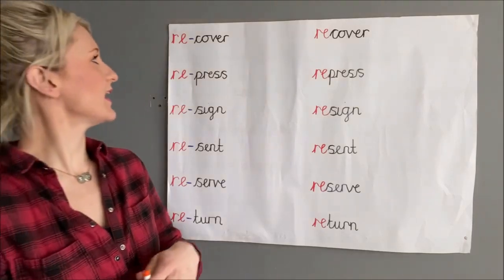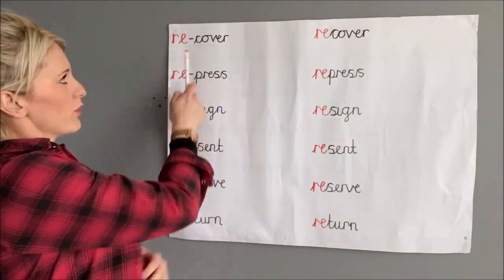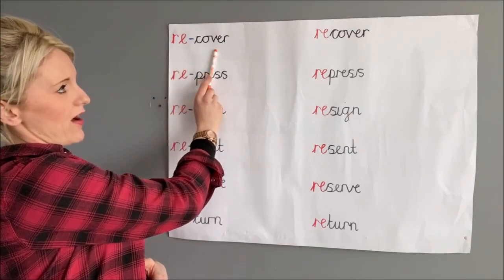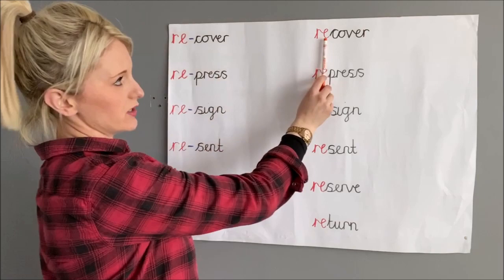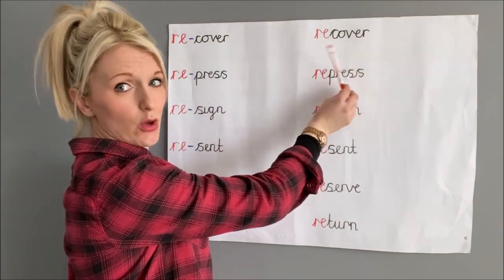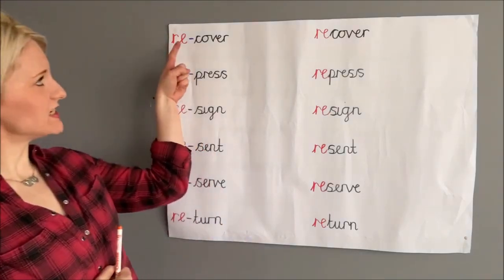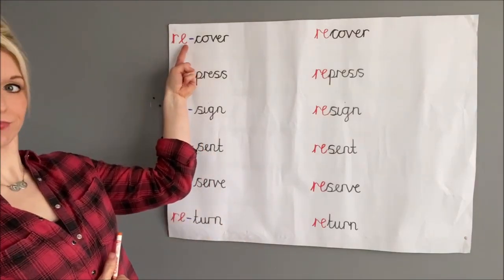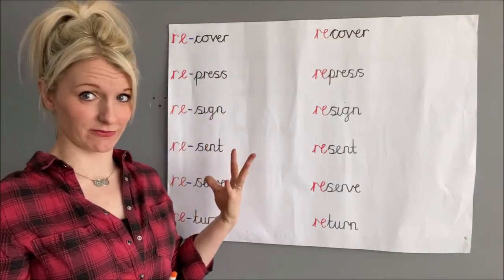So as you can see here, I'm going to go through the first example with you. You've got the word here, re-cover, where re is being used as a prefix. And you've got the word over here, recover, where the re is just part of the main word. If I didn't use a hyphen here, it would look exactly like this word, but they mean 2 very different things.